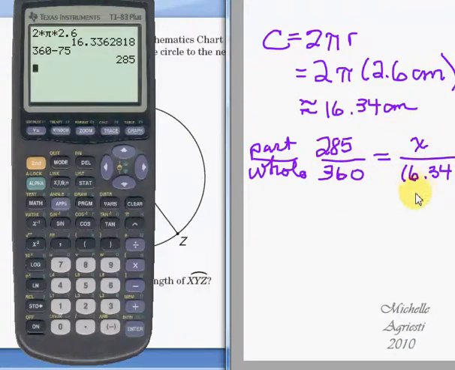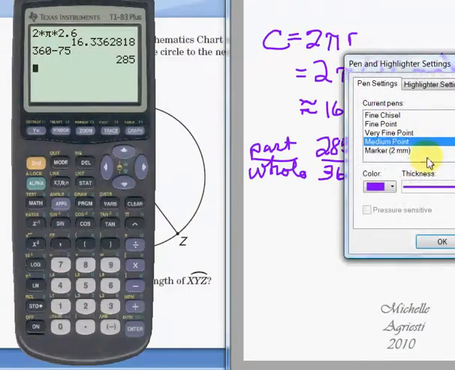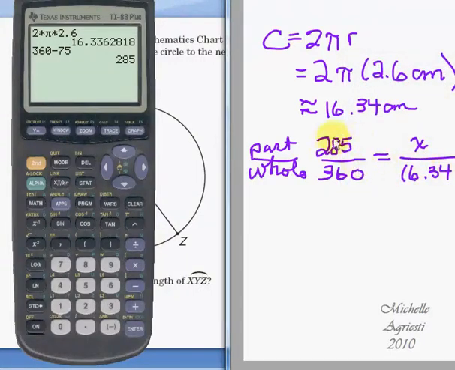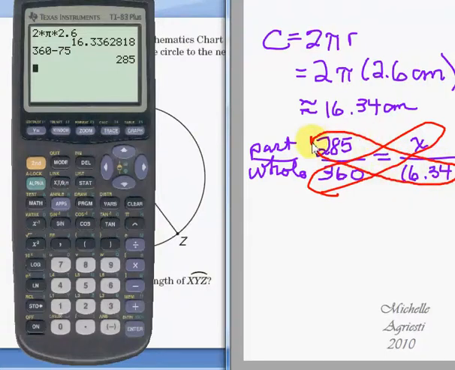So here we have a proportion. Let's change colors. So we're going to cross multiply. We'll do the x times 360, and we'll do the 285 times 16.34.